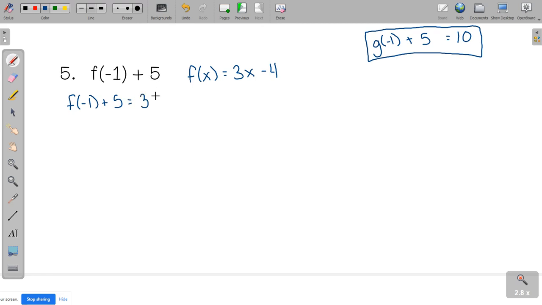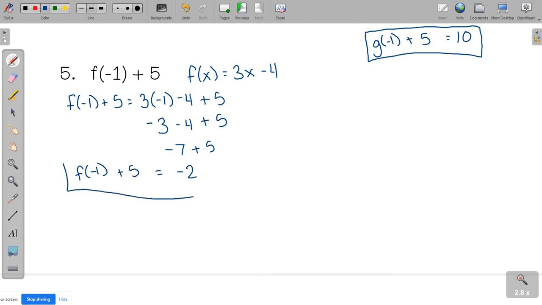So we have 3 times negative 1, minus 4, and then we just add on our 5. 3 times negative 1 is negative 3, minus 4, plus 5. Negative 3 minus 4 is negative 7. Then we add 5 to it, and we get negative 2 as our answer. So f of negative 1 plus 5 gives us negative 2.